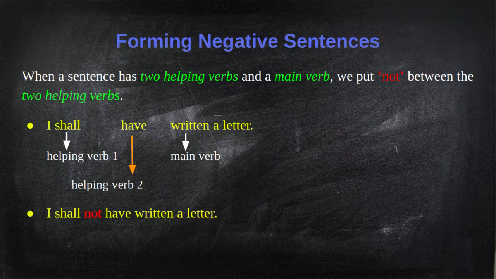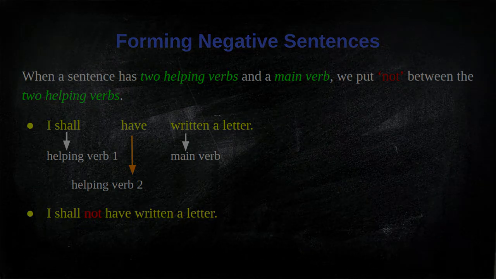Here, shall is the first helping verb, have is the second helping verb, written is the main verb. So to make it a negative sentence, we write not after the first helping verb, that is after shall. So the negative sentence will be I shall not have written a letter.